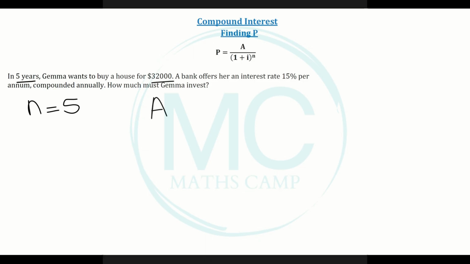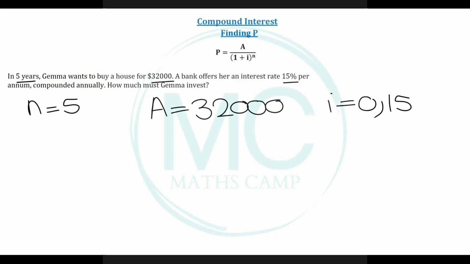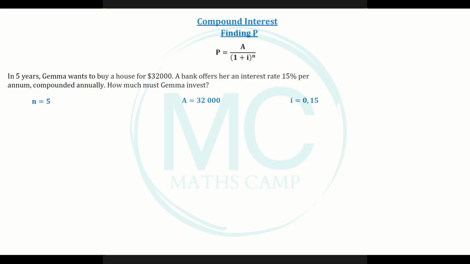So A is equal to 32,000. The bank offers her an interest rate of 15%. So to find I, we say 15 over 100, and we get 0.15. Now that we have these values, we can put them into the formula.